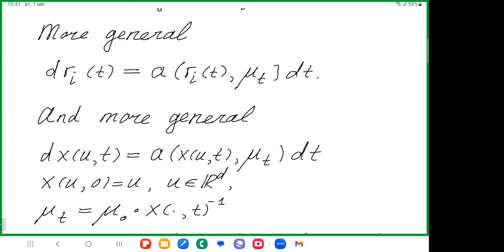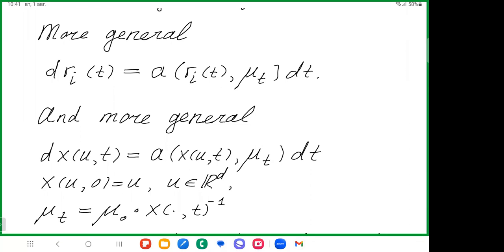You see, yesterday we discussed the following question. What will happen if the empirical measure, the empirical mass distribution, approaches some continuous measure?